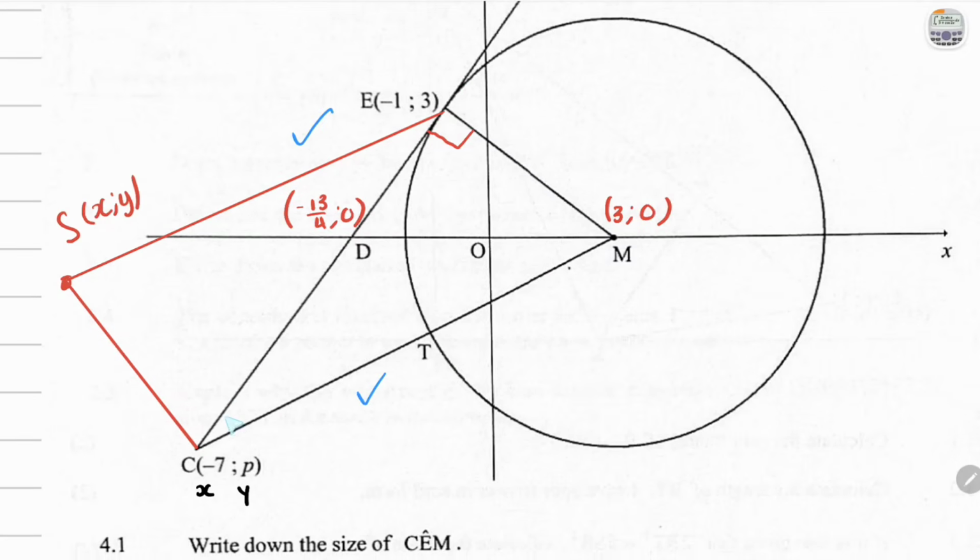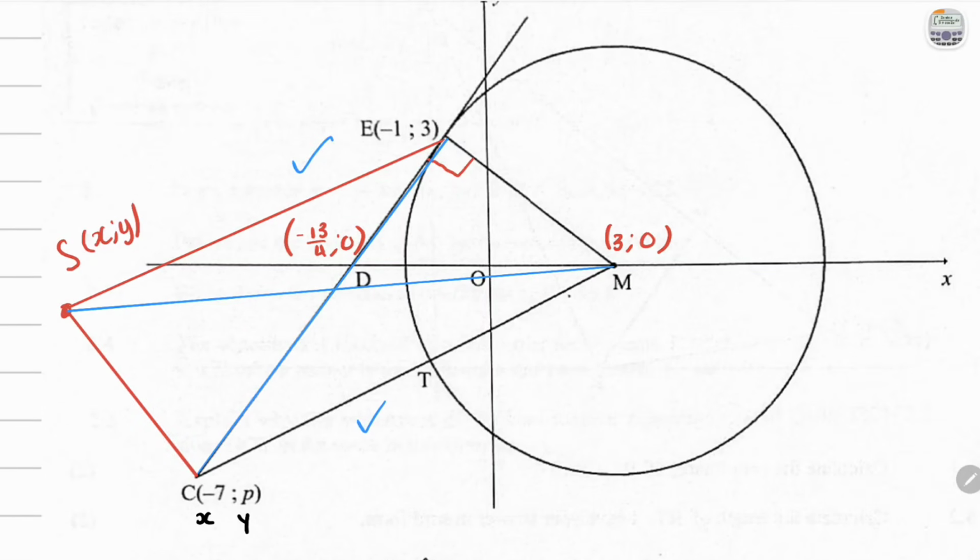Another way to prove that a shape is a parallelogram is to prove that the diagonals bisect each other. Here's what it means for them to bisect each other. Let's say this line is shorter than that one, because in your parallelogram the diagonals won't really be the same. It's not a rectangle or a square.